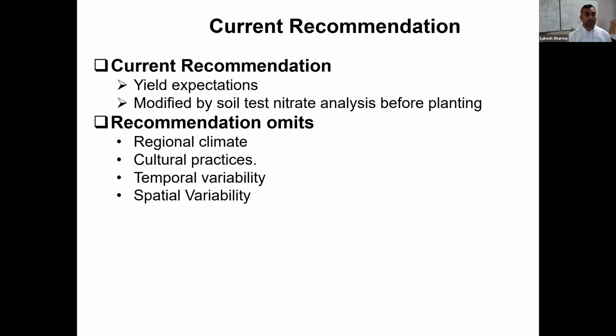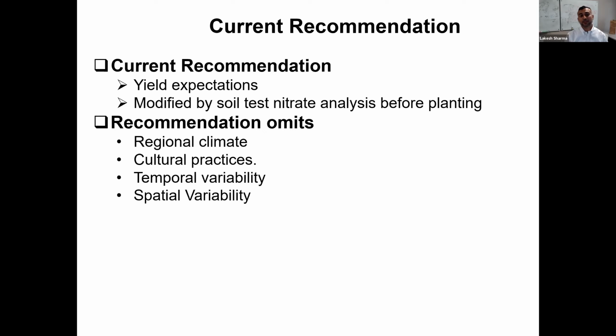The current recommendations that we have mostly depend on the yield expectations, across several years of research, and are modified by the soil nitrate test before planting, which in sandy soils in Florida, the nitrate credit or any nitrogen presence is negligible.